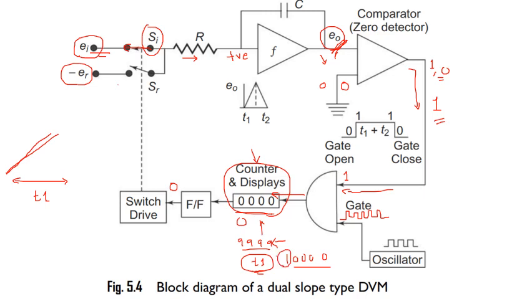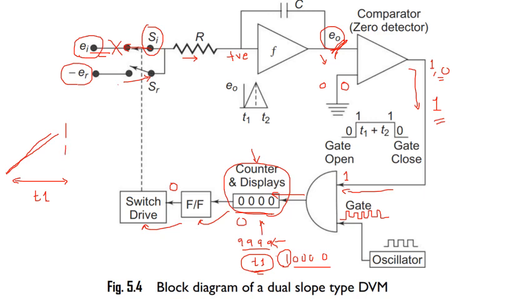And this carry is forwarded to this flip-flop. This flip-flop in turn is going to switch the signal. That means your EI will be disconnected and your minus ER will be connected.